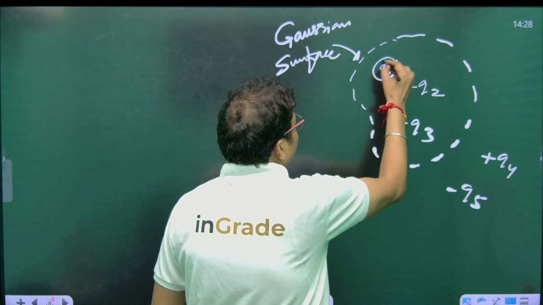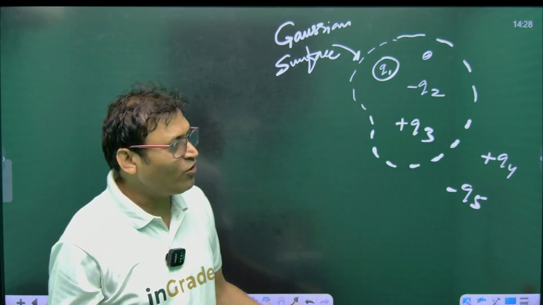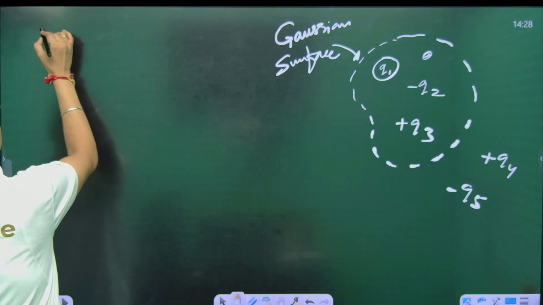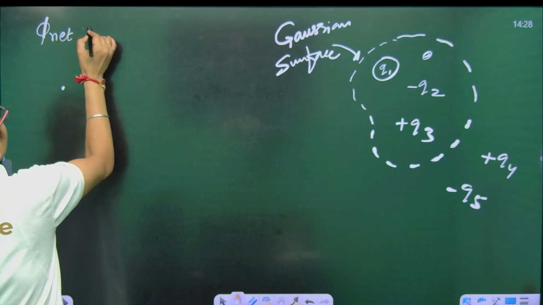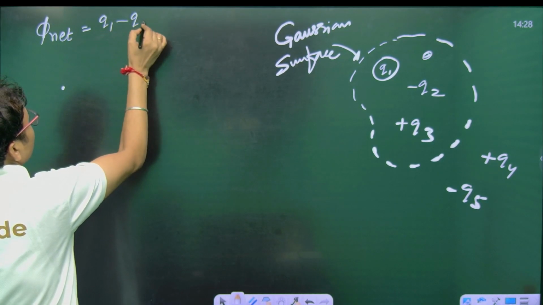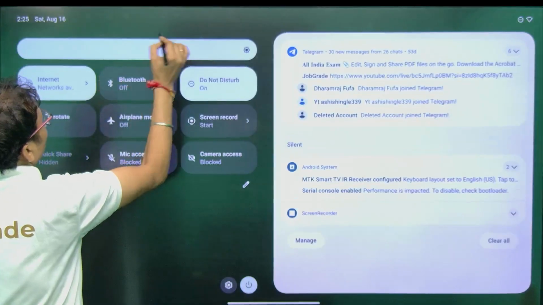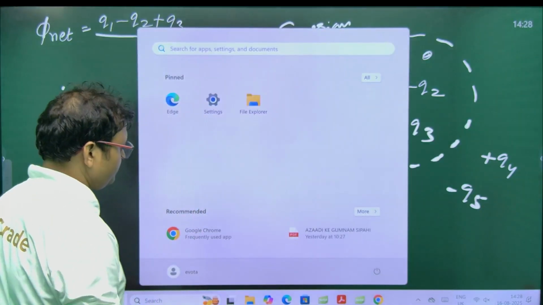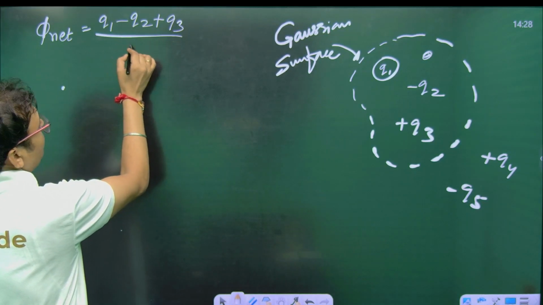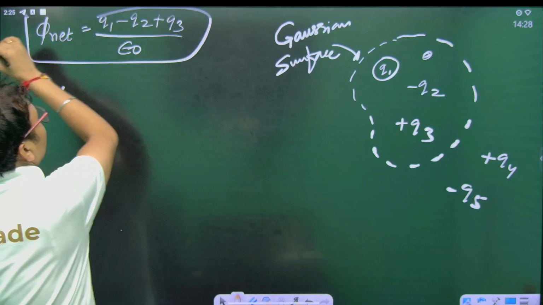Whether Q1 is here or here, it does not matter. As long as it is inside the Gaussian surface, it will contribute. So phi net through this surface is equal to the net enclosed charge, Q1 minus Q2 plus Q3, upon epsilon naught. Q4 and Q5 will not appear. This is the net flux.